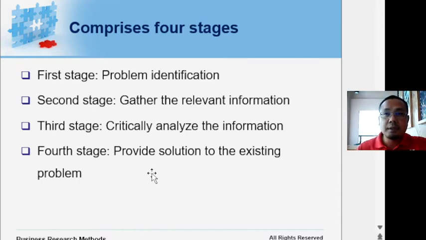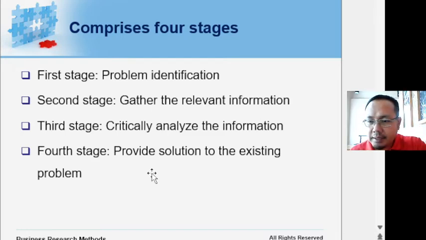That means we should know how to gain and how to collect relevant information, because if we don't really know and have no strategy on how we want to collect relevant information, we get lost, and of course sometimes we collect information that is not really useful for us to analyze and to provide a better solution.